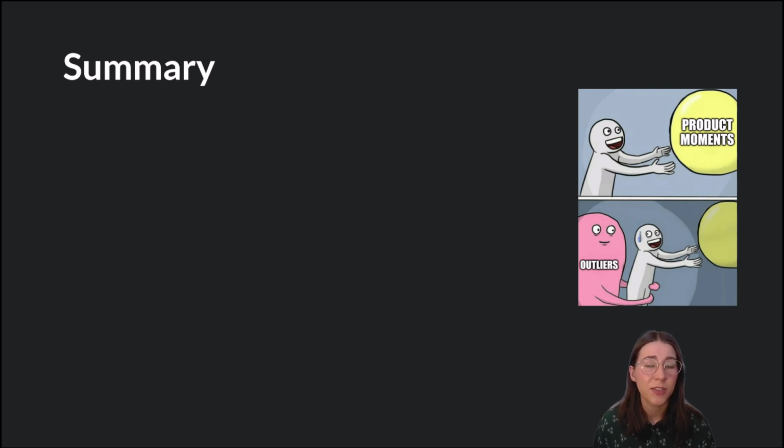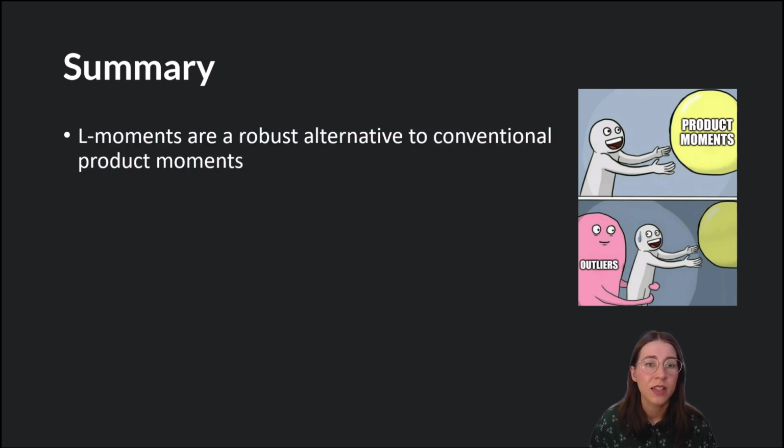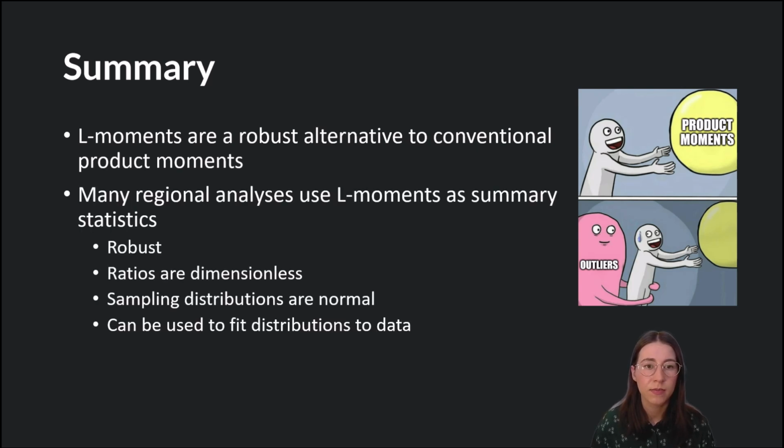To summarize this video, linear moments are a robust alternative to conventional product moments. Many regional analyses use L moments as summary statistics because they're more robust against outliers. The ratios are dimensionless and help us compare information across different sites.